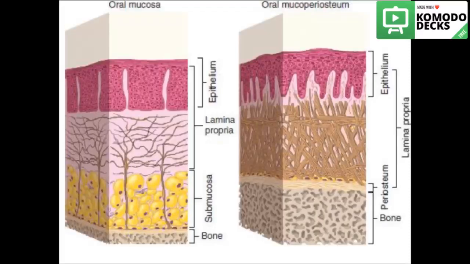In the non-keratinized mucosa, we see an epithelium with rete ridges. The lamina propria is composed of irregular collagen bundles or fibers, which are irregular and loosely arranged.